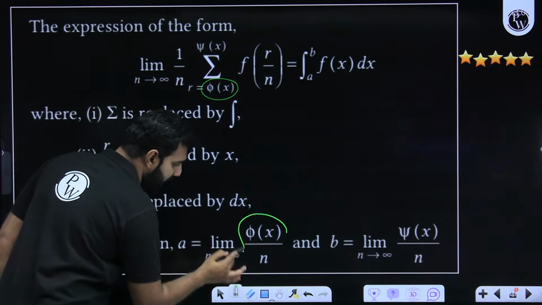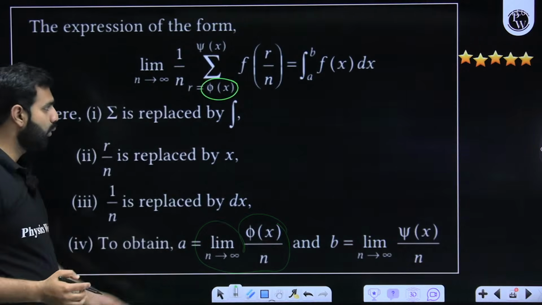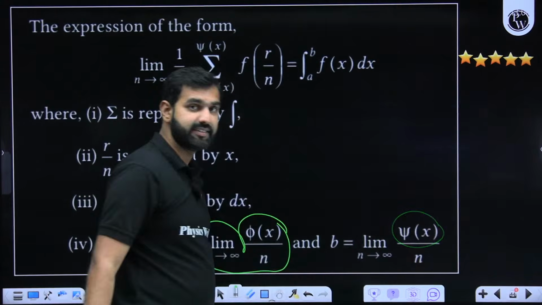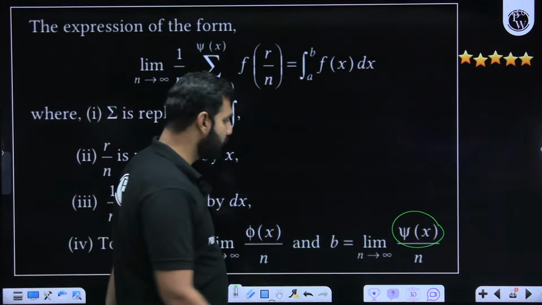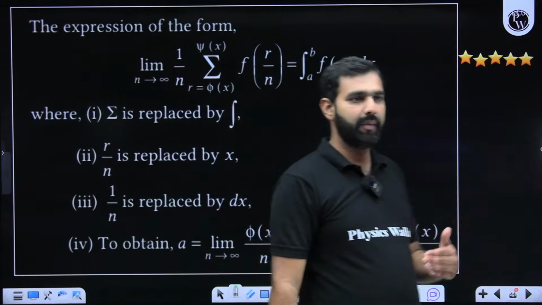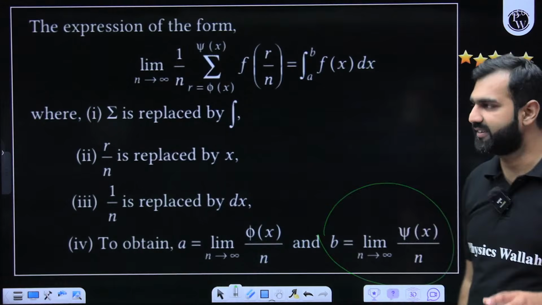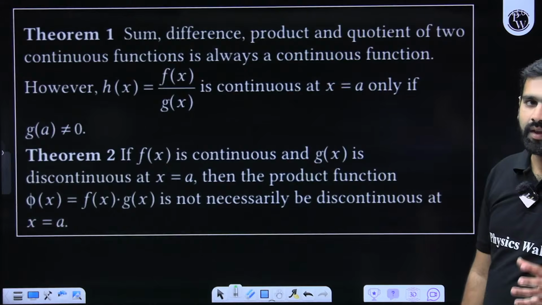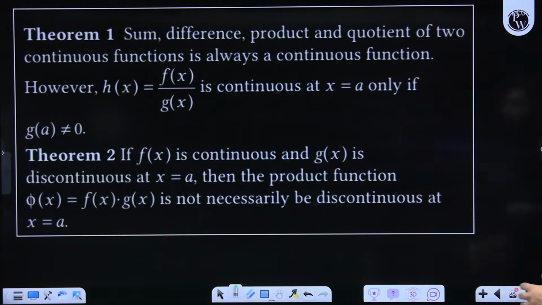So phi x upon n when n is approaching infinity will be the lower limit. In r by n, replace r by psi x. So psi x upon n when n approaches infinity will be the upper limit. So that's how you find the lower limit and upper limit. I hope everyone is listening and understanding how we are using these results. Some theorems are there based on continuity and differentiability.